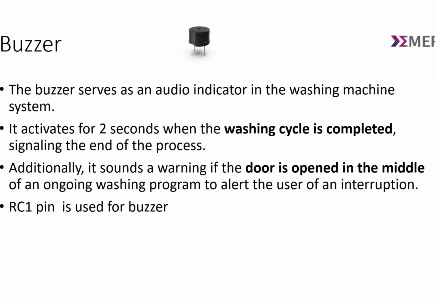We can generally hear this in a washing machine: if you suddenly pull the door during the ongoing process, it will sound the buzzer. It also sounds at the end when the washing machine cycle is completed. So here in the project we have given the RC1 pin as the buzzer.